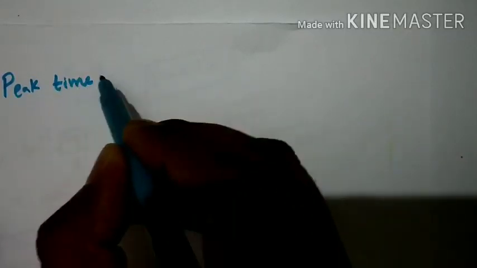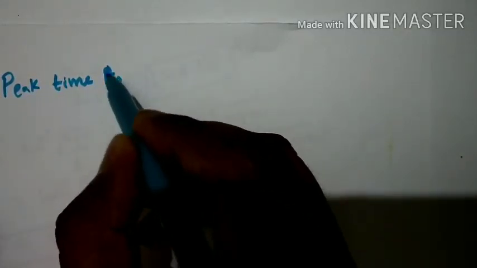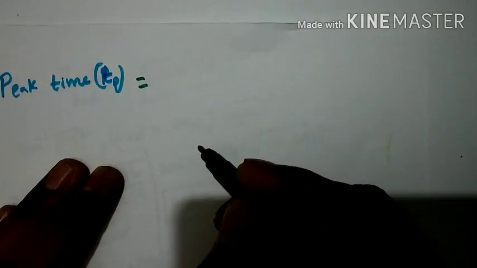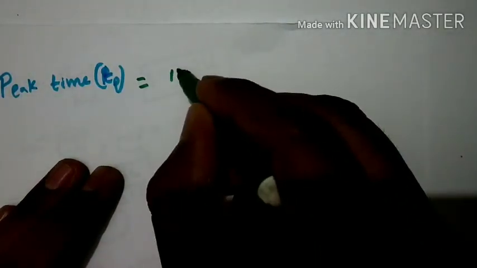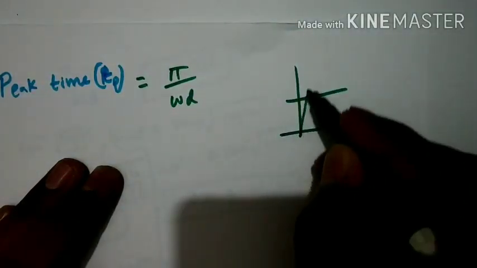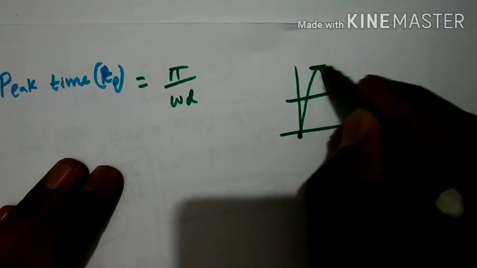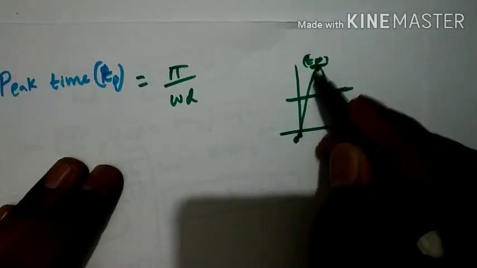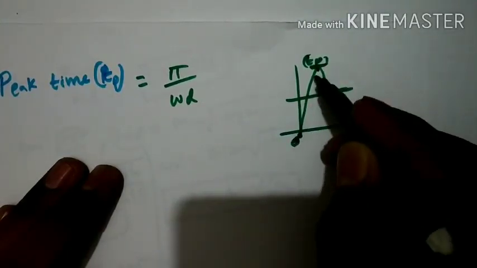Now we are going to find the peak time. What is the equation for the peak time? TP, the peak time, is equal to pi by omega d. Peak time means the time the response takes to reach from this point to this peak.